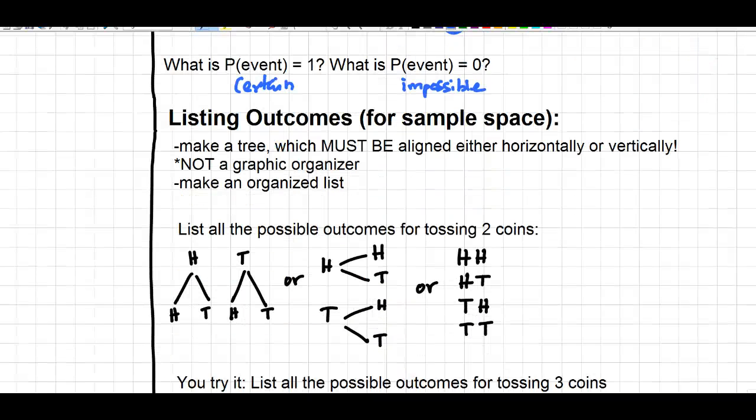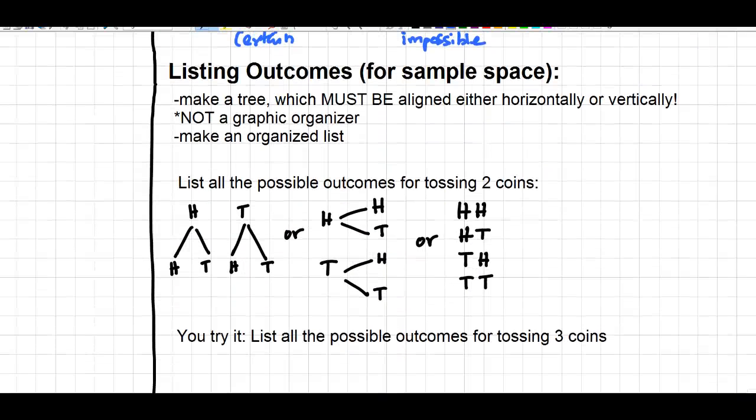I want to be real clear with students when you're asked to list outcomes, particularly when you're trying to find all the items in a sample space, there are some very particular ways that you're going to need to do that. First of all, you could make a tree. It's called a tree because it's got branches in it, not because it looks like a tree. Keep in mind that your tree must be aligned either horizontally or vertically.